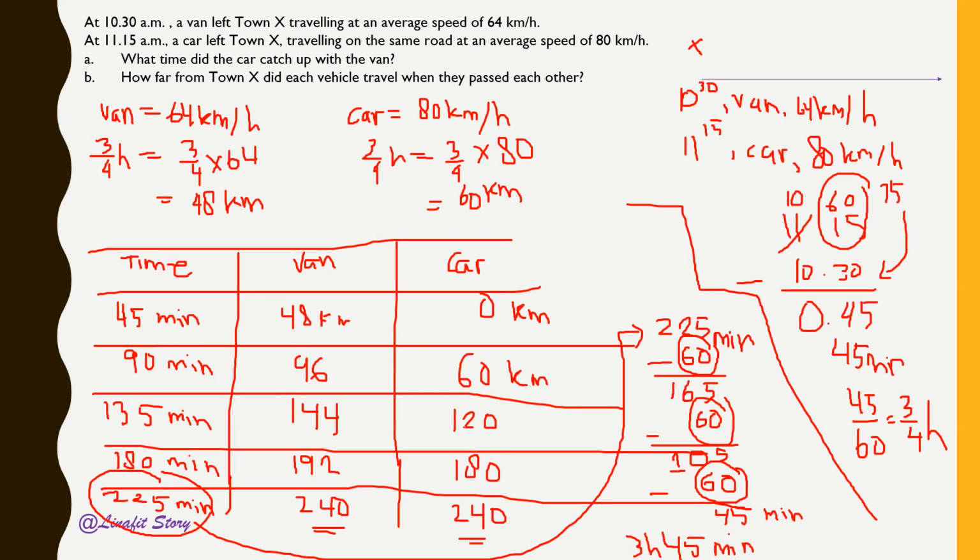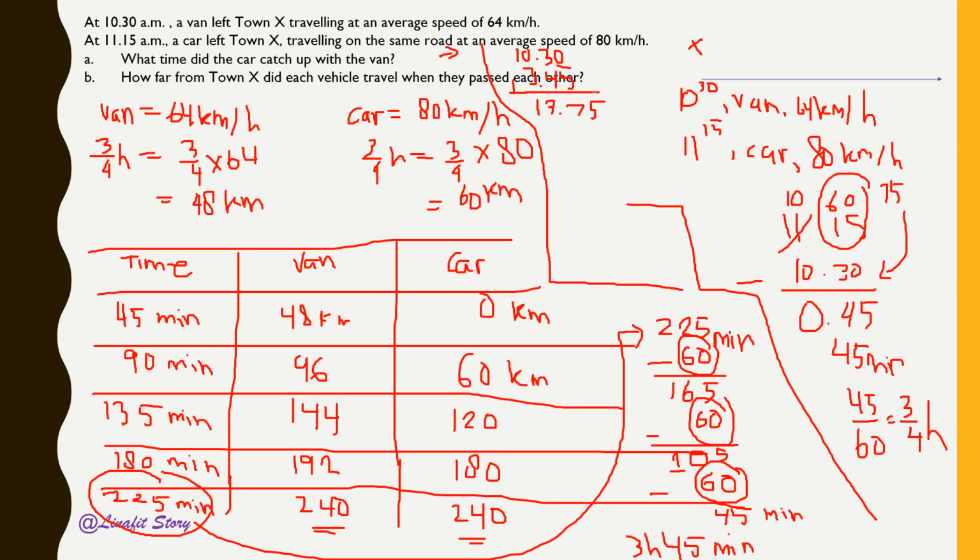So question A, what time did the car catch up with the van? So it will be 10:30 plus 3 hours and 45 minutes equals 13:75. And then remember again that 1 hour equals 60 minutes.